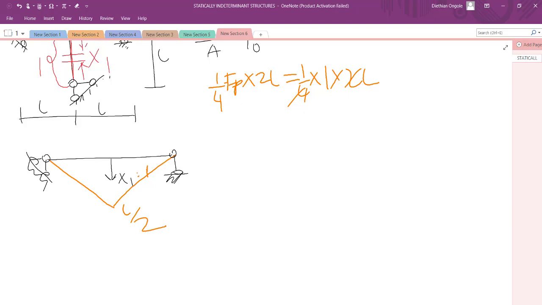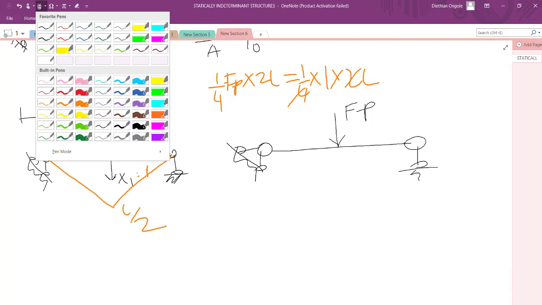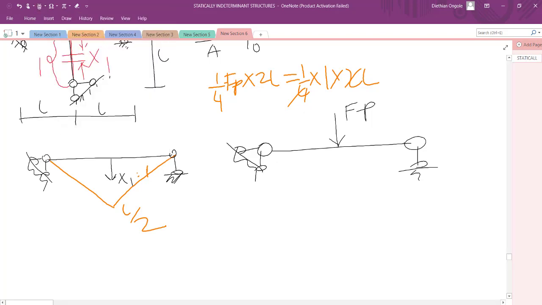Then next, we look at the action of the original force Fp on the structure. Under the action of Fp, our bending moment diagram would still be similar to what we've just done for the unit force. When the force pushes downwards, it will cause the tension part to be at the bottom, so we have a shape of that nature.